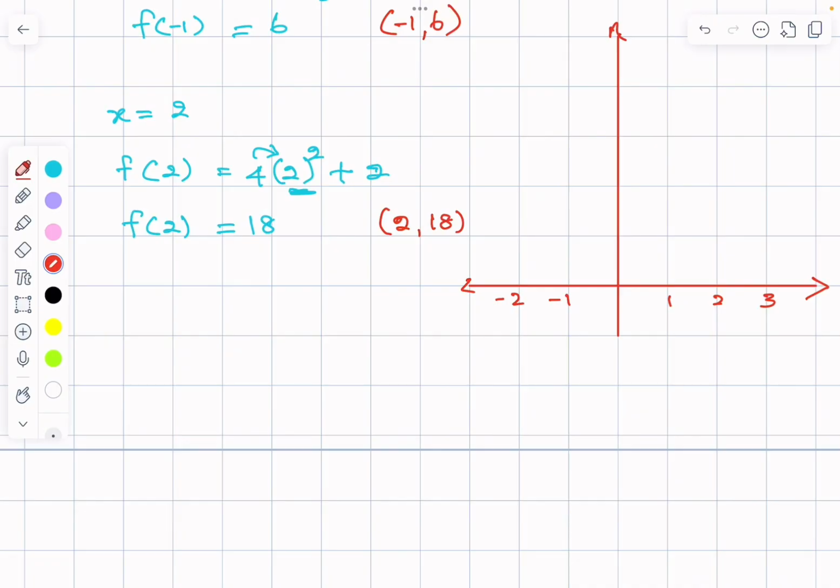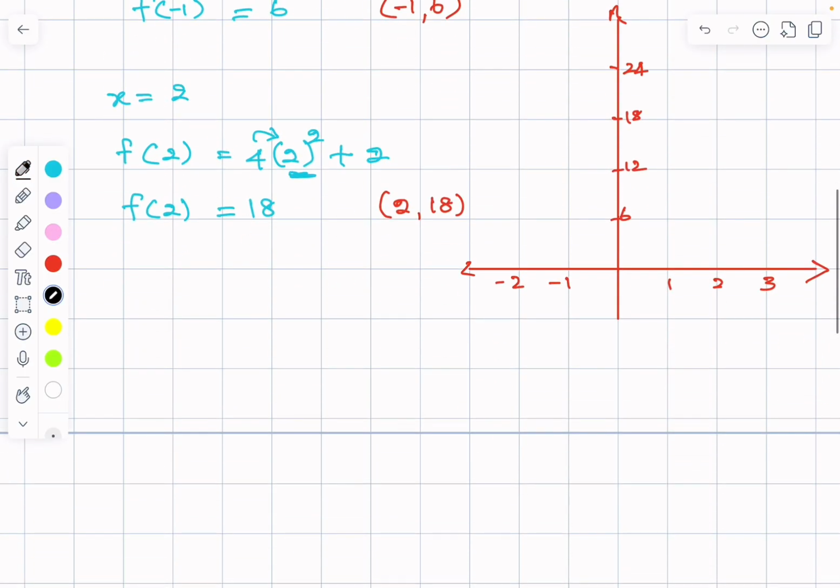Then over here, let's go like 6, 12, 18, and 24. Let's write down all the points here. We got (0, 2), then (1, 6), then (-1, 6), and (2, 18).